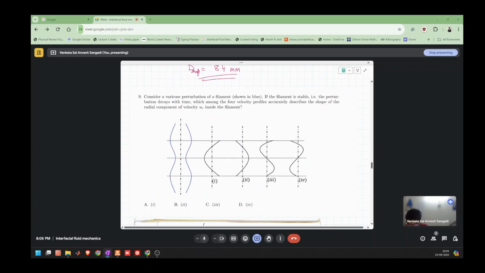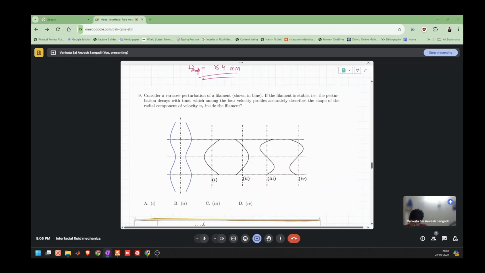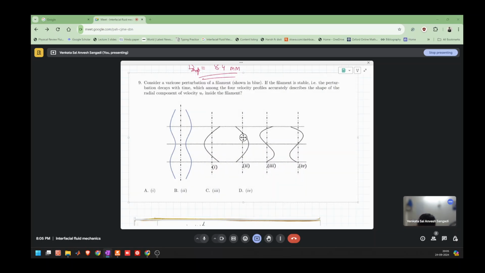So finally the last question. Consider a varicose perturbation of a filament shown in blue. If the filament is stable, that is the perturbation decays with time, which among the four velocity profiles accurately describes the shape of the radial component UR? So we are concerned with UR.